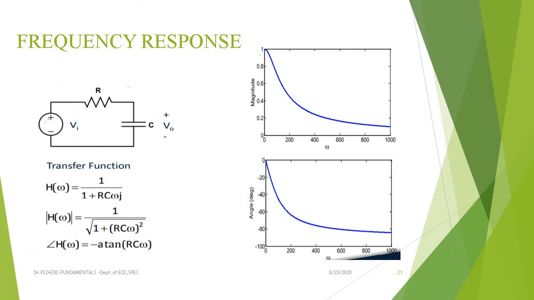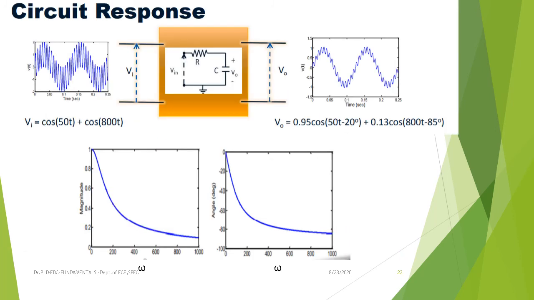In that way we have the angle of H(omega). So these are the general evaluations of the transfer function, its magnitude and its phase angle.